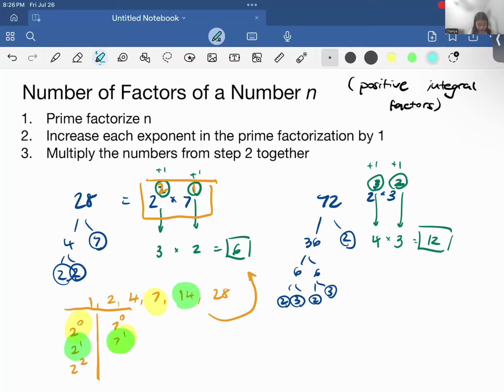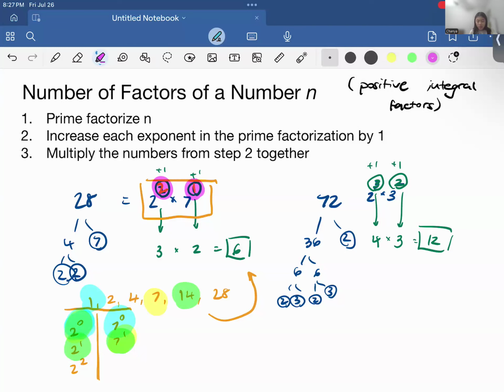If you select 2 to the power of 0 and 7 to the power of 0, then you get 1, because 2 to the power of 0 is 1, 7 to the power of 0 is 1, and 1 times 1 is 1. So this is how it works: you're selecting from the powers up to the exponent shown here.